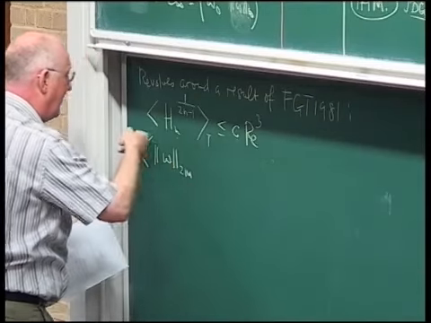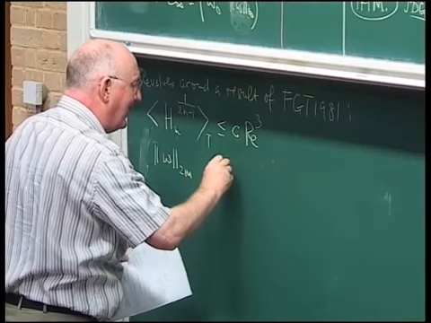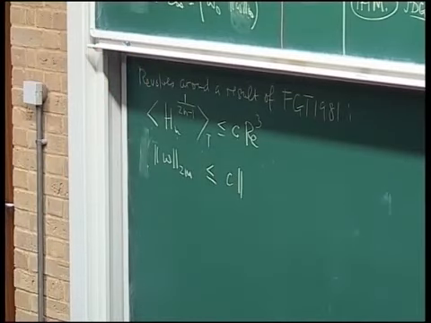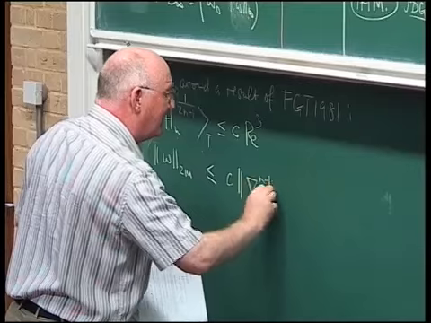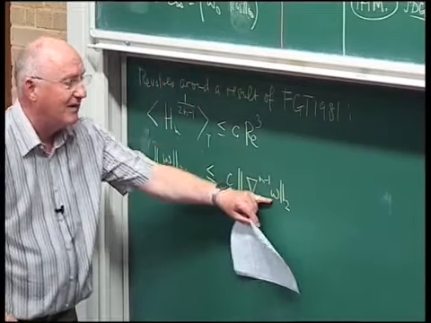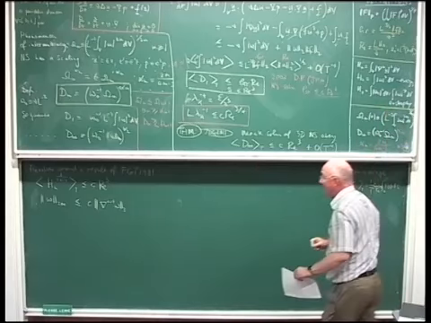Now if you'll forgive me, this is the only Sobolev inequality in the whole lecture. I'll go up to n minus 1 derivatives of omega in L2. That's n derivatives on the velocity field, so that's exactly my Hn here.